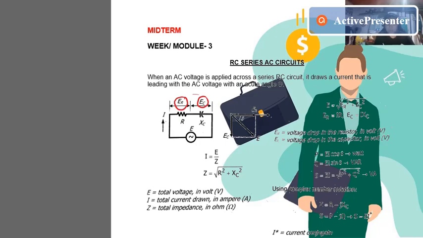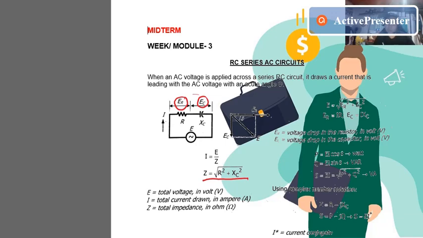We know our formula for the current I if the voltage and impedance are given: E divided by Z, the impedance. And the formula for the impedance is Z equal to the square root of R squared plus XC squared.